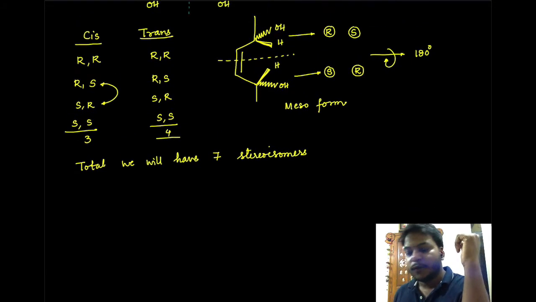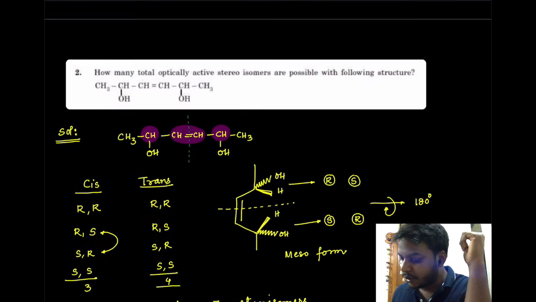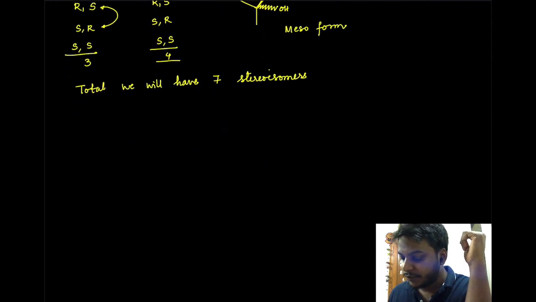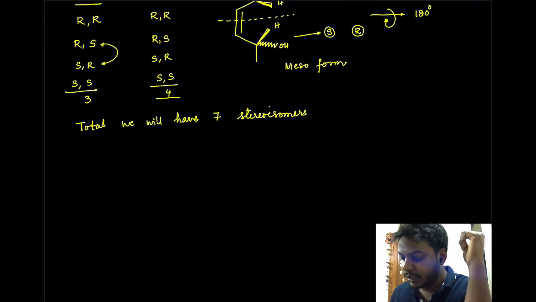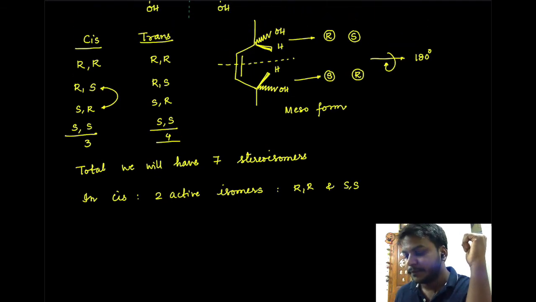But within this, one thing you need to check in case of trans, because our objective is to find out the active stereoisomers, right? So if you need to find out the active ones, in cis we have two active isomers, which are the R and R combination and the S and S combination.